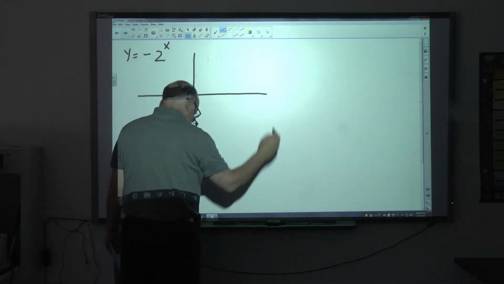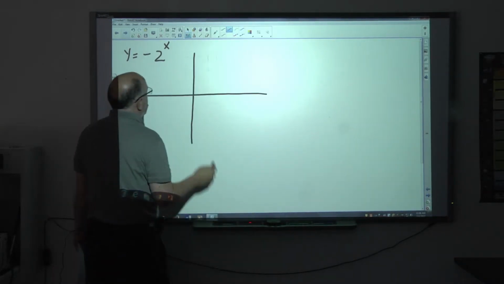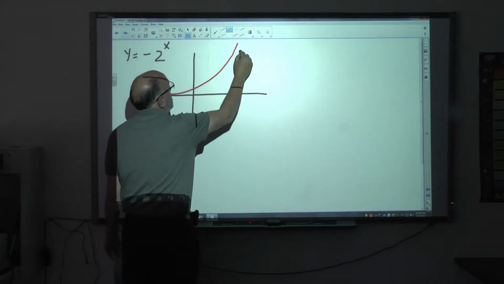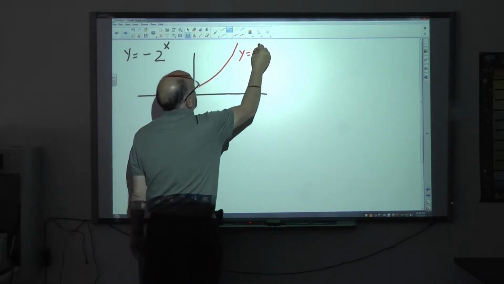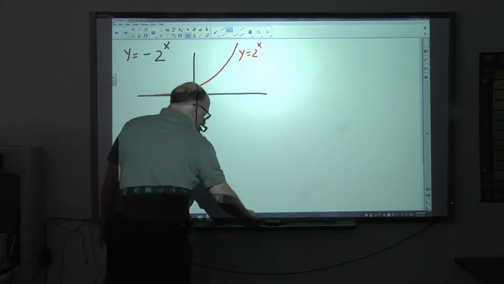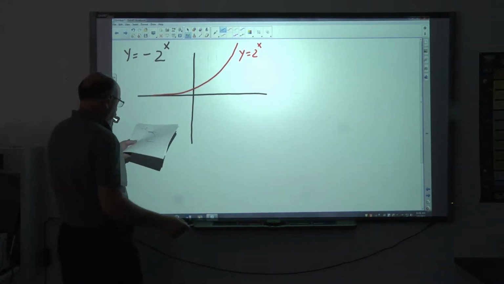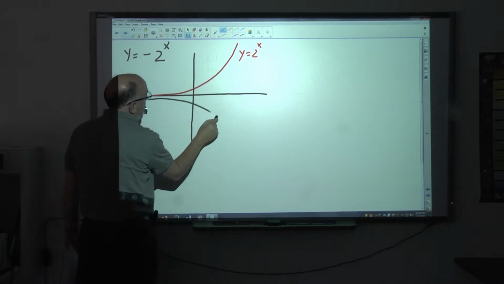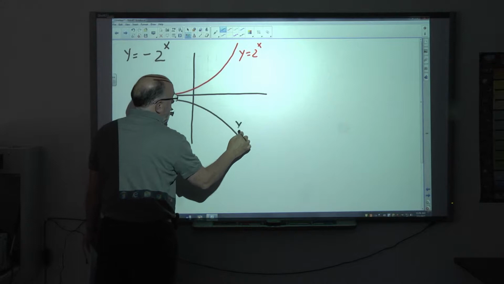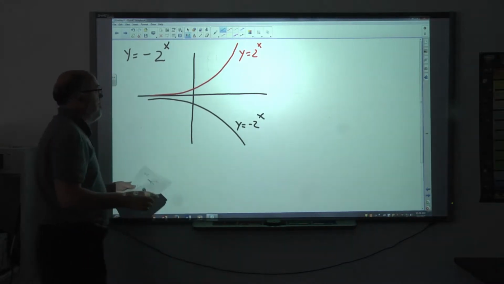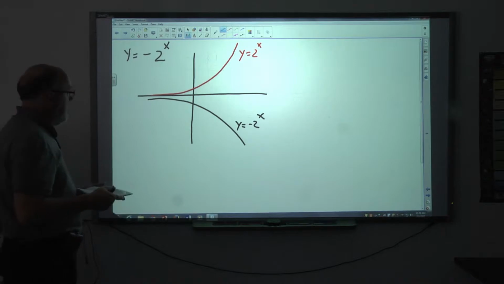We said that 2 to the x will look something like this. And minus of 2 to the x just takes that graph and flips it. So now it looks like that. We just flip it about the x-axis.